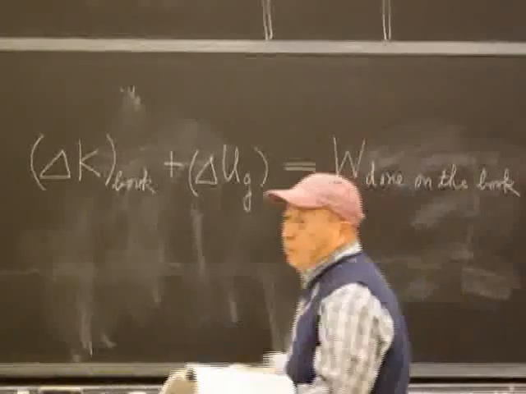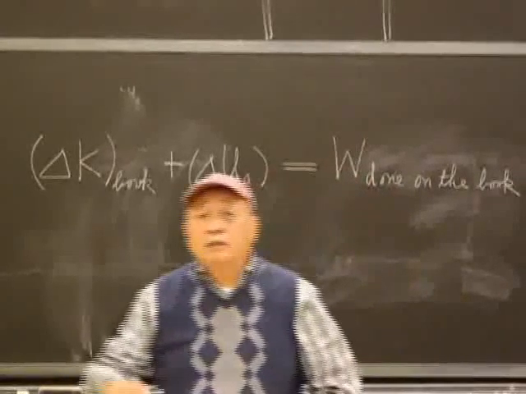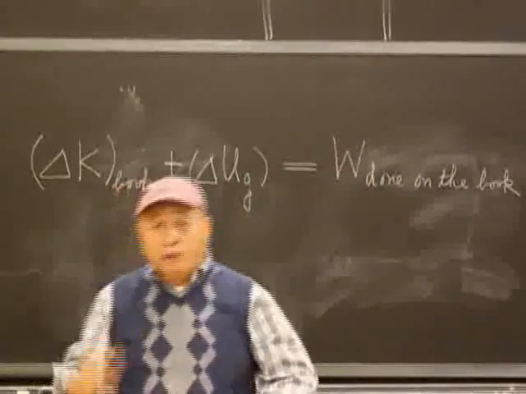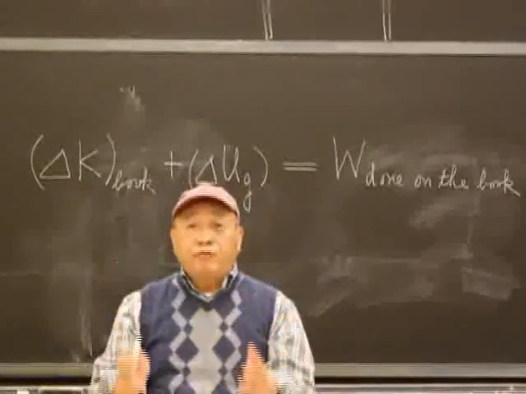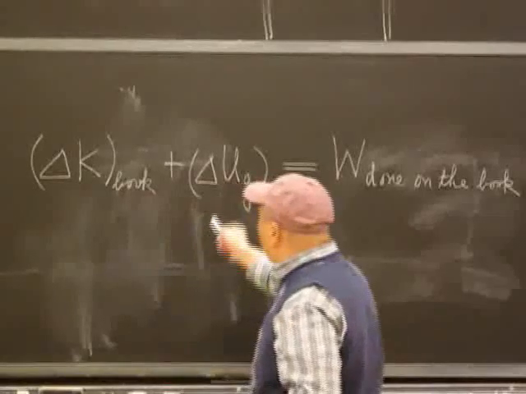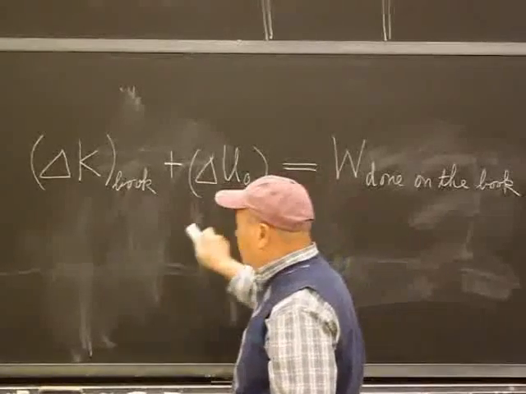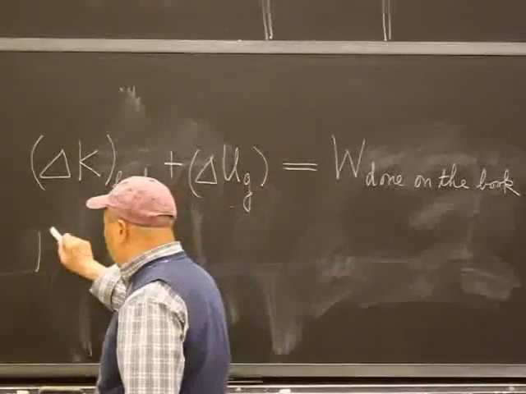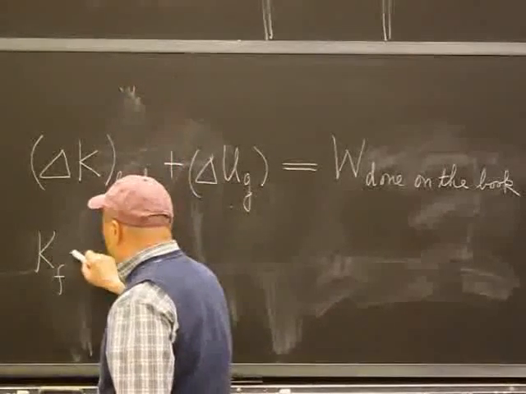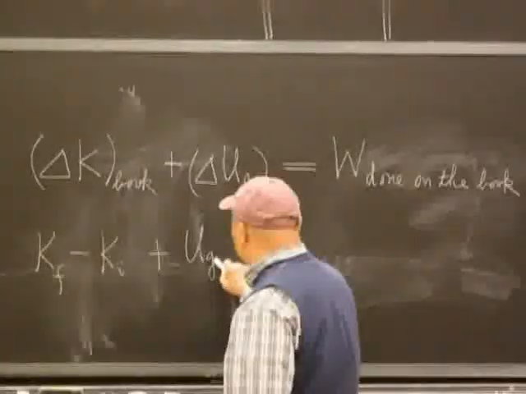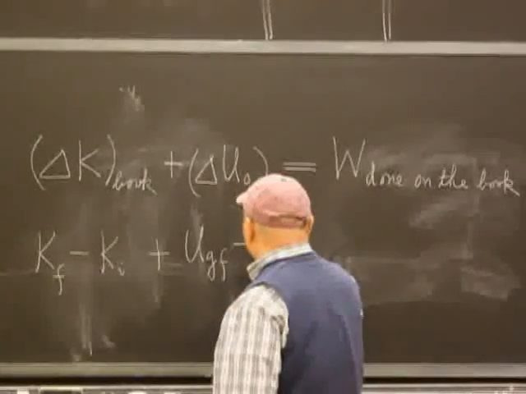Now, if you drop, the work is not all done on the boat from the outside. It is basically free fall. So there's an initial kinetic energy and a final one, wherever it drops to, minus the kinetic energy minus UGI.